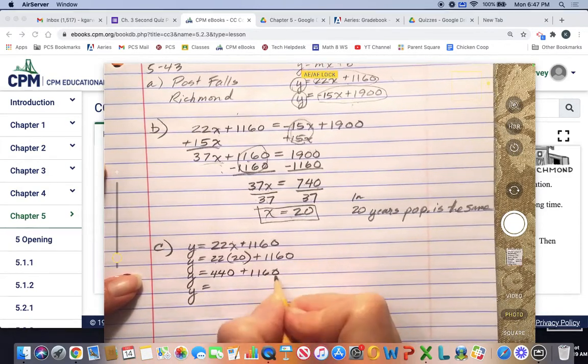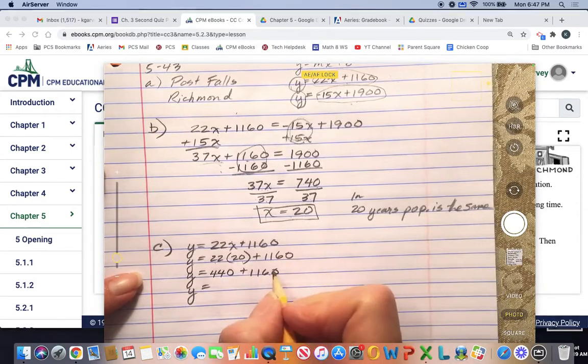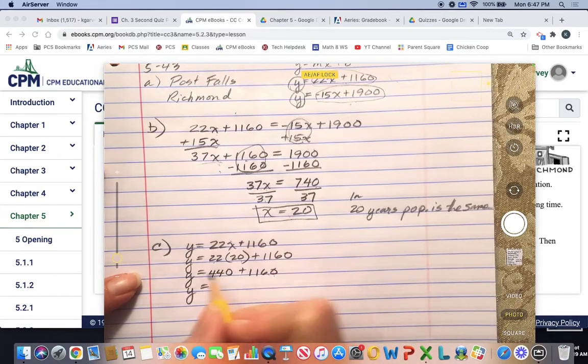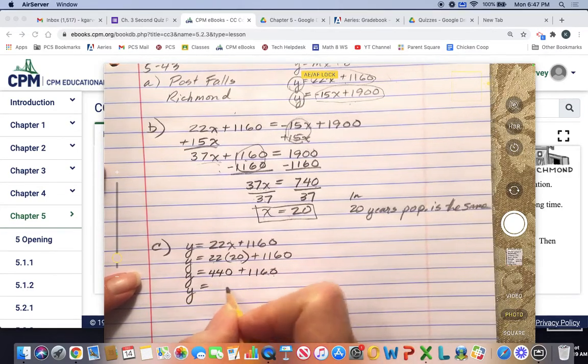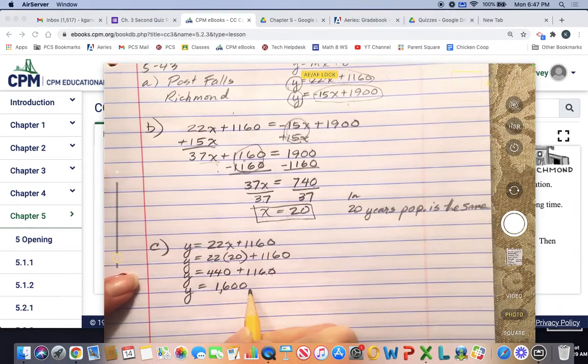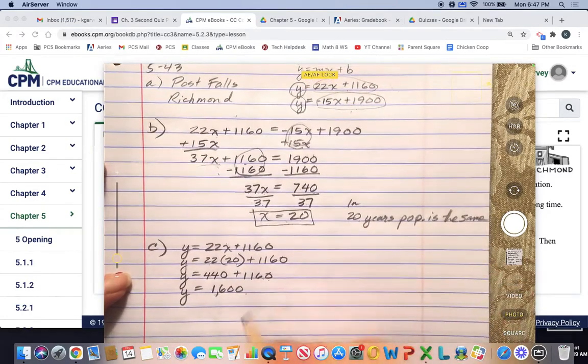So y is equal to, let's see, 40 and 60 will be 100, and that will be 200 plus 400, 600, and then we've still got that 1,000. Okay, so that is what the population will be in 20 years.